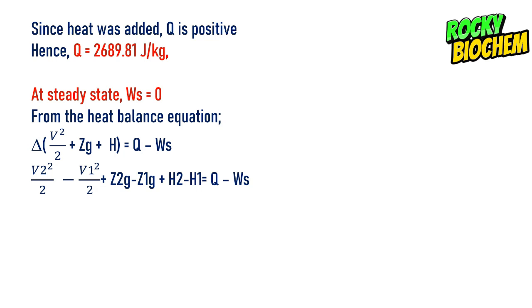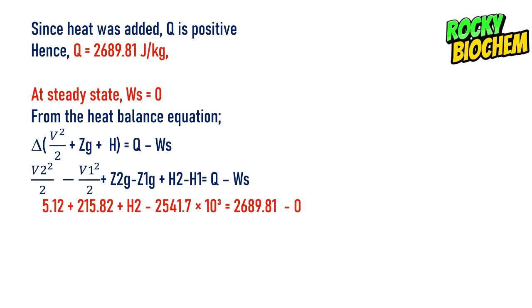We can now fix the values given in the question, and the ones we have gotten so far, into the heat balance equation to work out the final enthalpy, and then use the final enthalpy to look for the corresponding final temperature. We have already computed the V squared over 2 portion, which was 5.12, and the change in potential energy, 215.82.